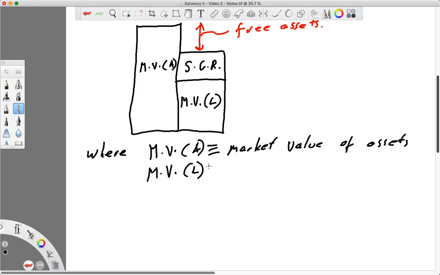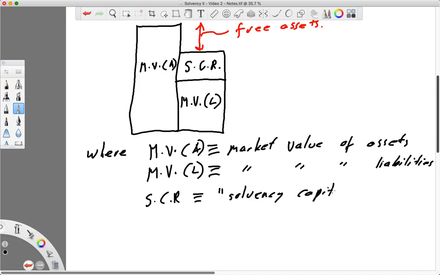The MV of L is equal to, by definition, market value of liabilities, and the SCR is equal to, by definition, Solvency Capital Requirement.